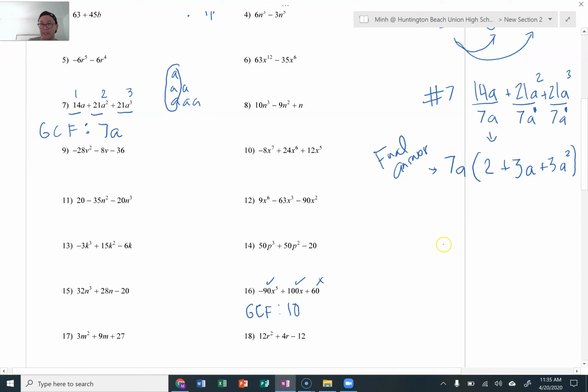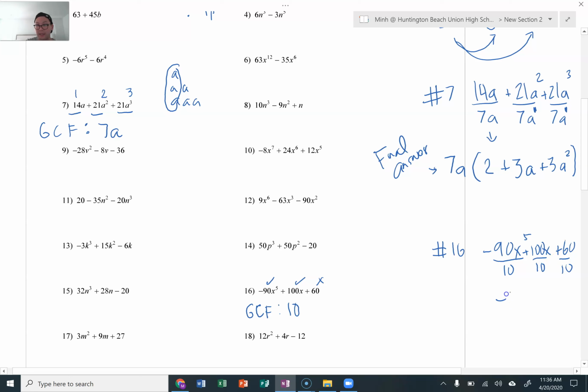So for number 16, I have negative 90 x to the 5th plus 100x plus 60. Here comes the work. Okay, I need to see you do this on your homework. Divide by 10, divide by 10, divide by 10.